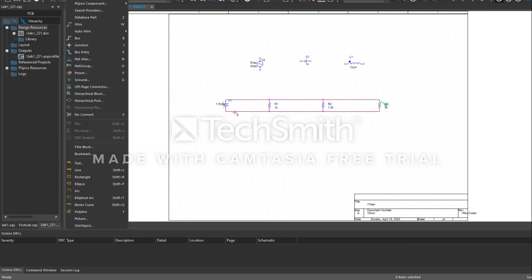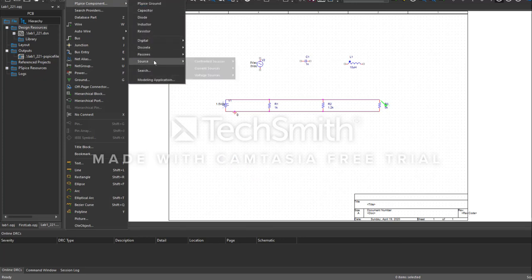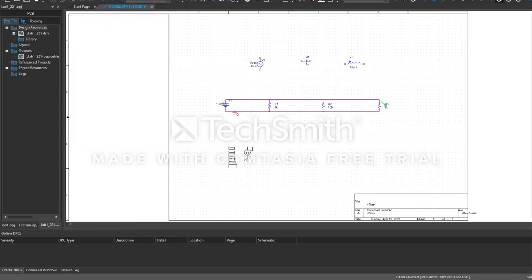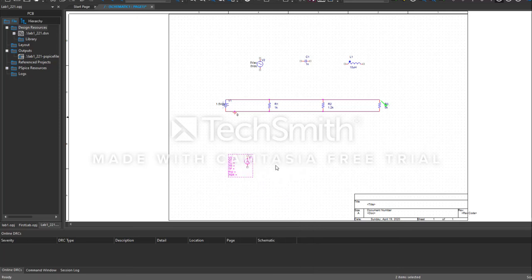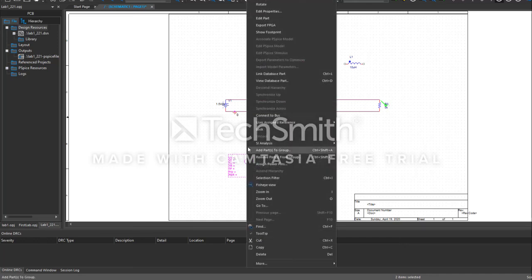So you go to place, PSpice component, source, voltage sources. Now in the first week, in the introduction video, we used AC and DC voltages. This time you're going to use pulse. And that's the component.